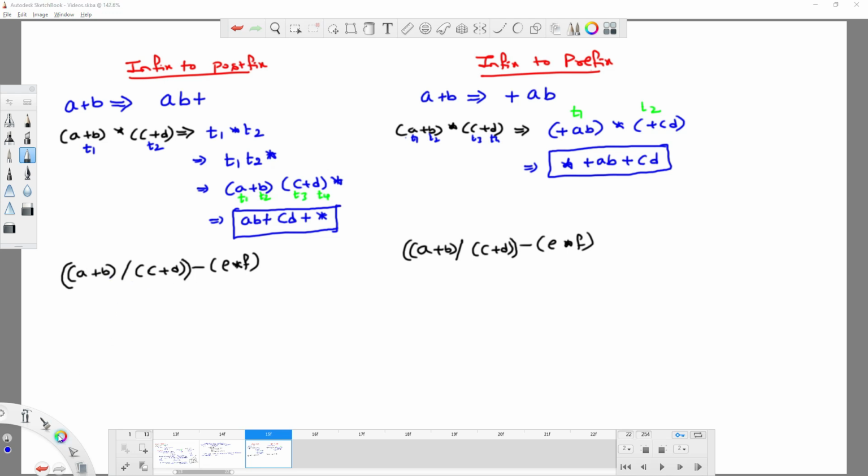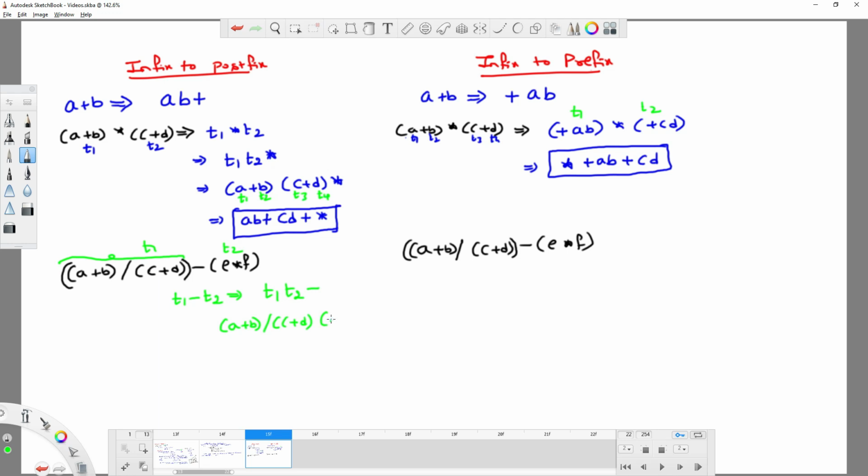Okay, fine. So how are we going to solve it? Let me assume this entire one as T1 and this one as T2. The expression looks like T1 minus T2. Then the result is T1 T2 minus. What is T1? This entire expression, a plus b by c plus d.